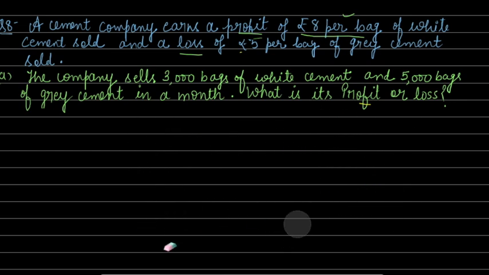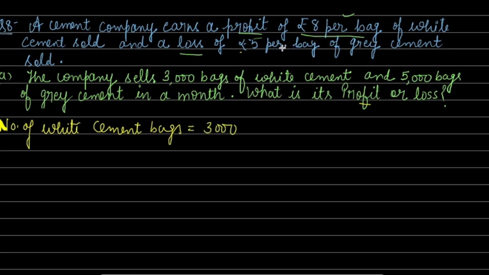So how do we write these statements? So number of white cement bags. How many bags? 3000, right? What is the profit per bag?